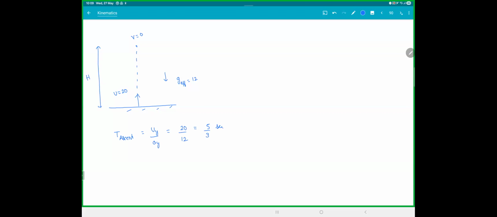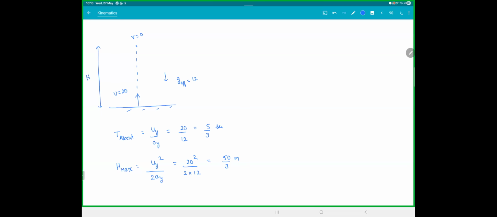While you're going up, the equations are good. H max, this is the reason I was writing the formulas like this, uy square by 2ay and all, because every time gravity will not be g. Uy will be 20 square by 2 and ay is 12. That's 400 by 2, 200 by 12, 100 by 6, 50 by 3.